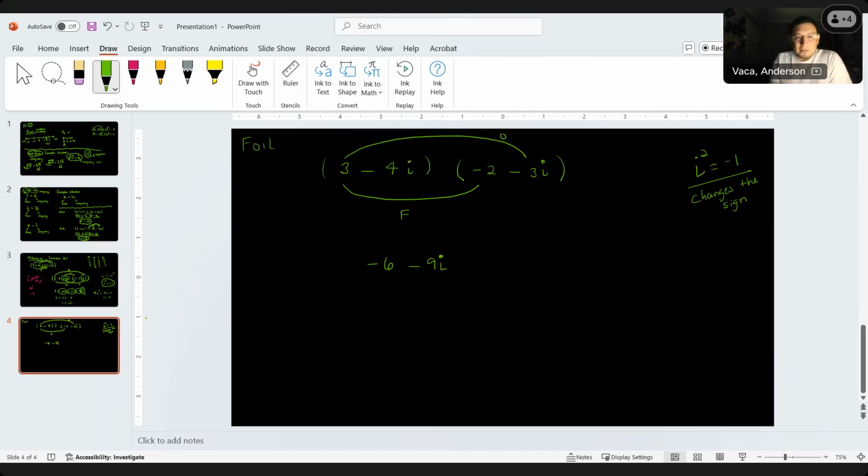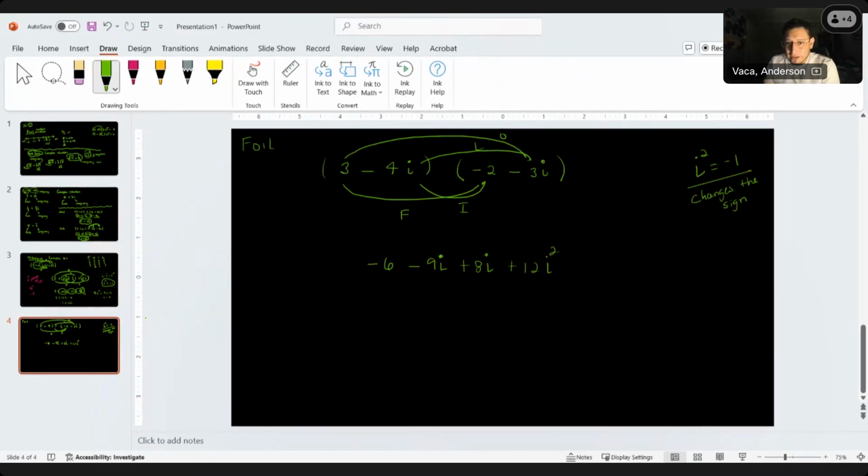Then we do the inner terms. -4 times -2, that's +8. Don't forget the i. And then we do the last terms. That will be -4 times -3 is +12. And then we have i times i, which is i squared.